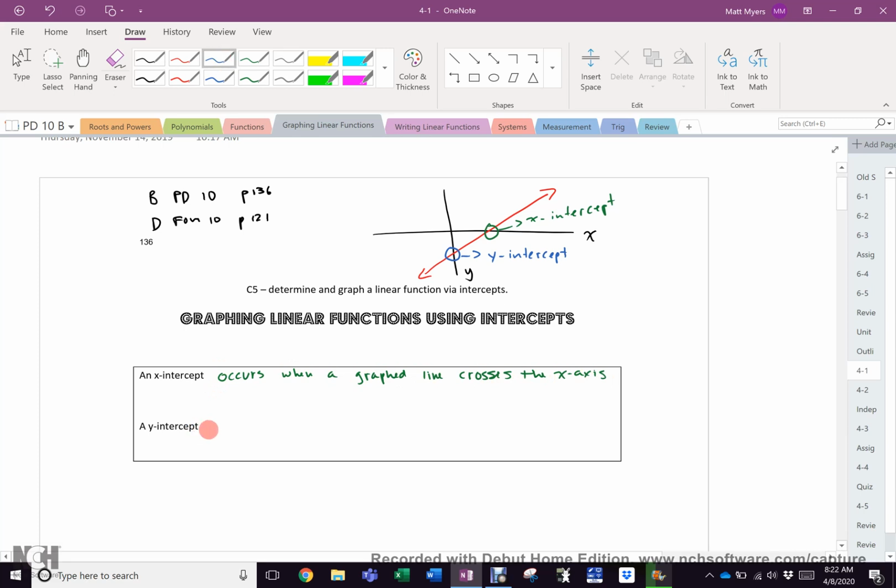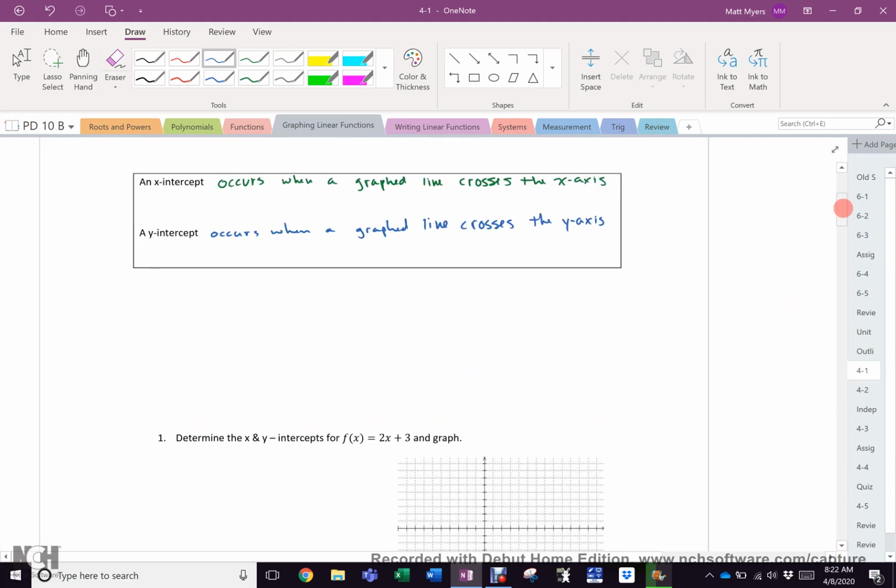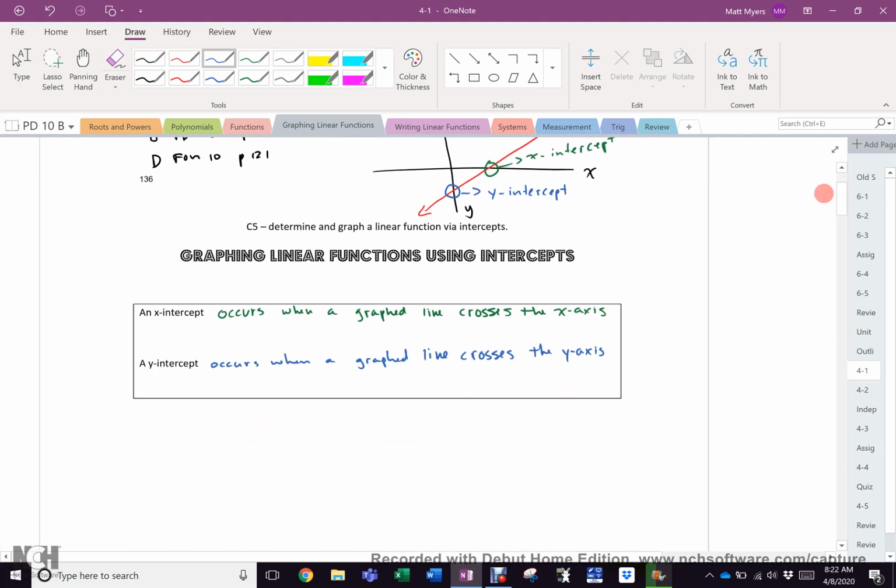And obviously a y-intercept occurs when a graphed line crosses the y-axis. It's pretty easy to visualize, right?